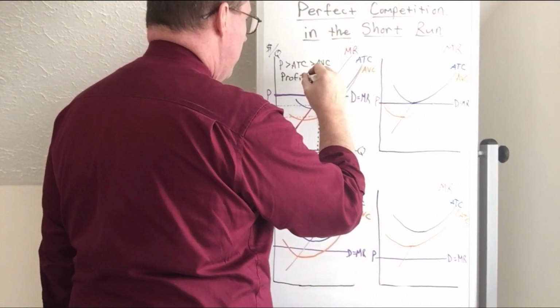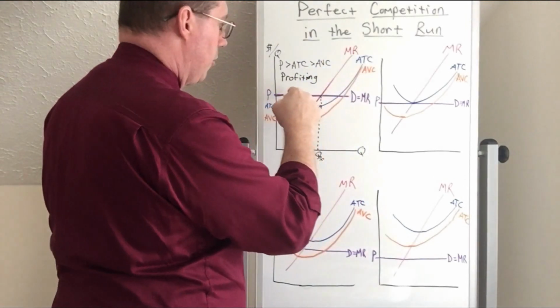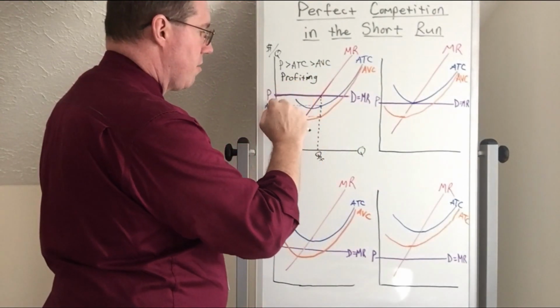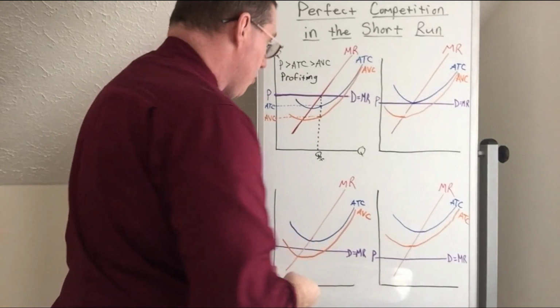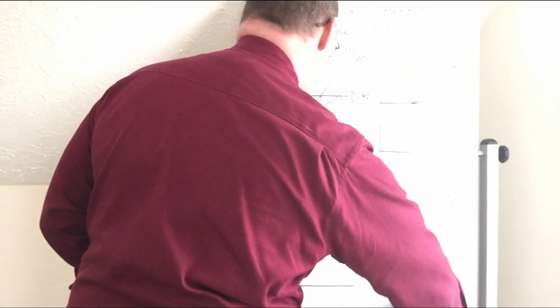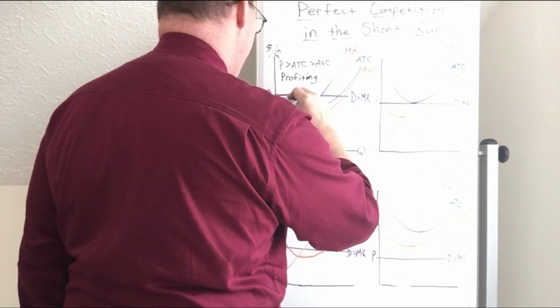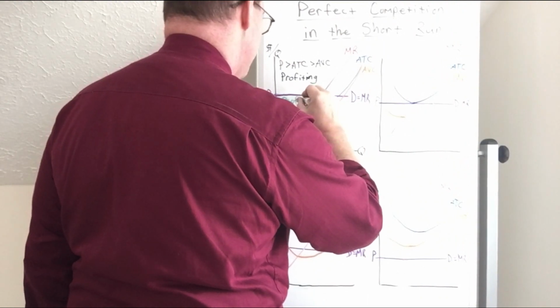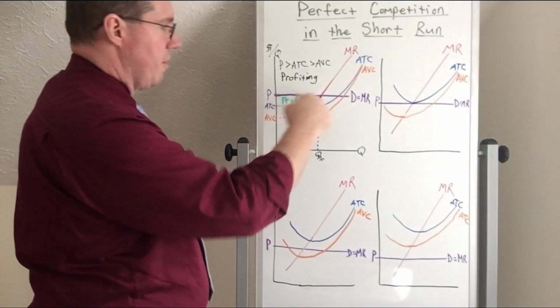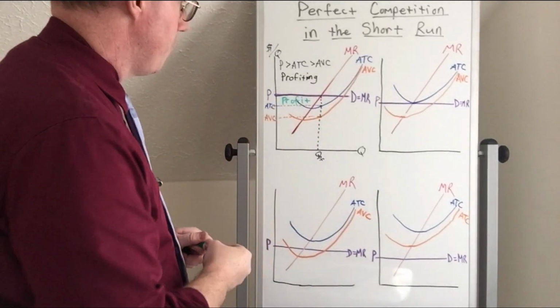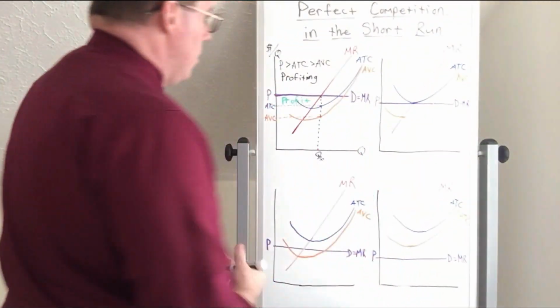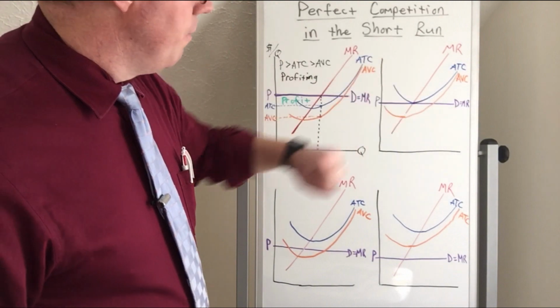And the rectangle for the profit is this rectangle between the price and the average total cost. So that region right in there, we'll do it in green for money, this is the profit of the firm. Profit of the firm is that rectangle right in there. Okay? All right.